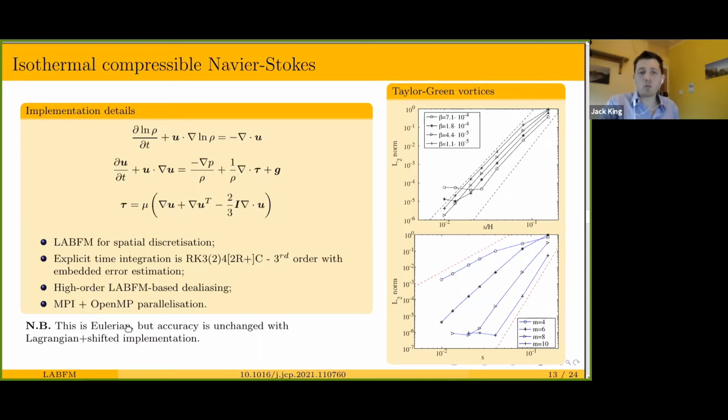I've pointed out here that this is Eulerian, but although it's a rather slow simulation to conduct, I've also conducted this test with a Lagrangian plus particle shifting ALE scheme. With that framework, where I have the particle positions updated with the third order Runge-Kutta scheme, along with the velocities and density logarithm, the convergence plots are unchanged.